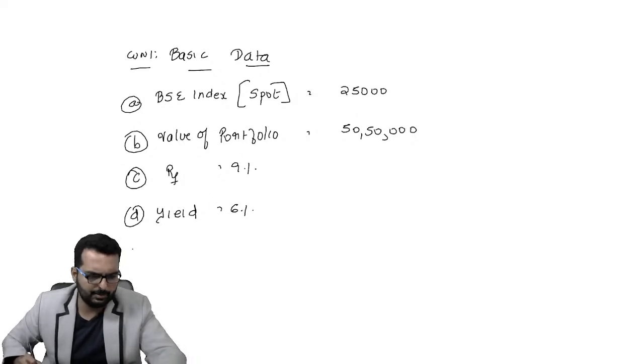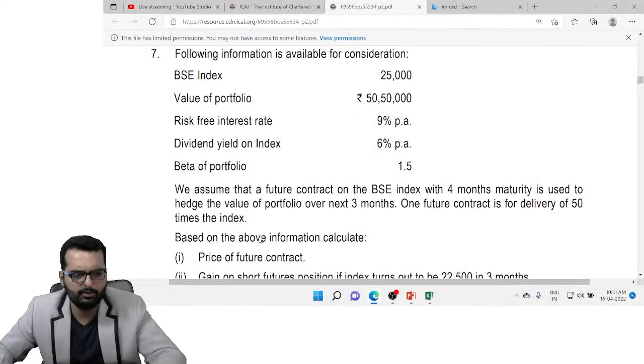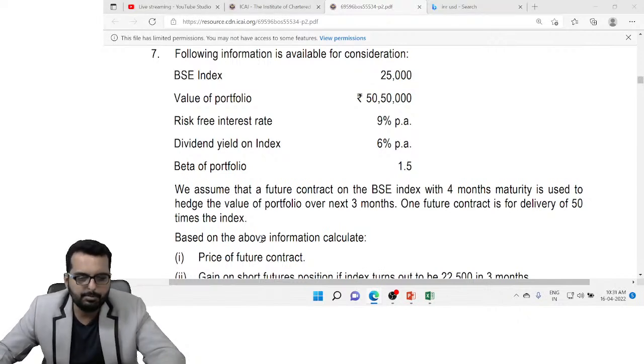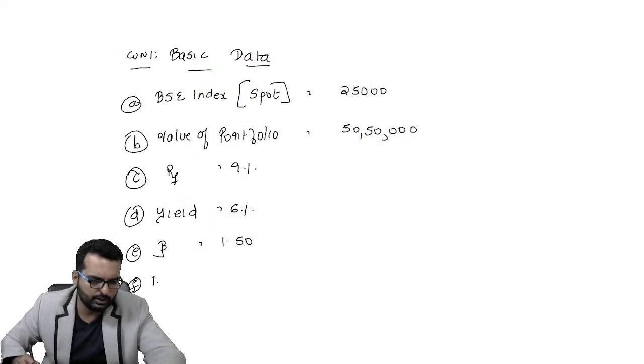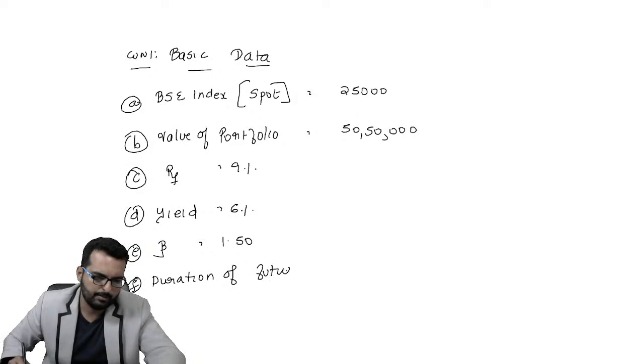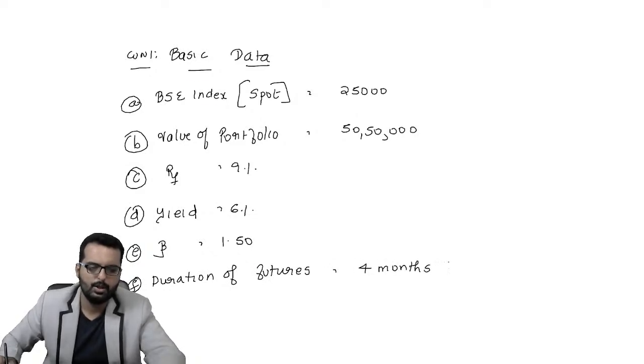Yield is given as 6% and beta is given as 1.5. We assume that a future contract on BSE index with a 4-month maturity is used to hedge over a period of 3 months. So duration of future is 4 months.